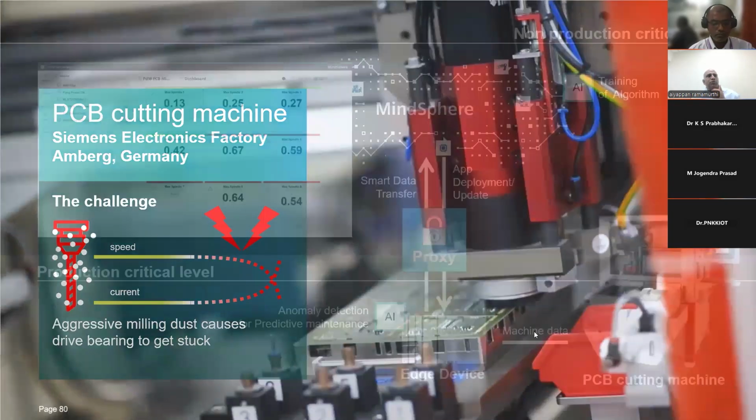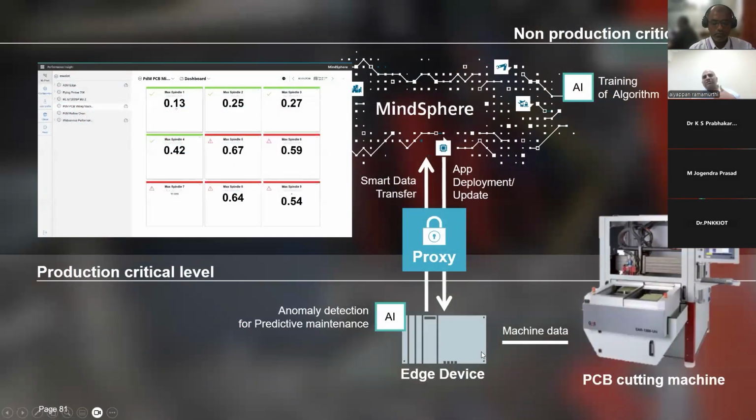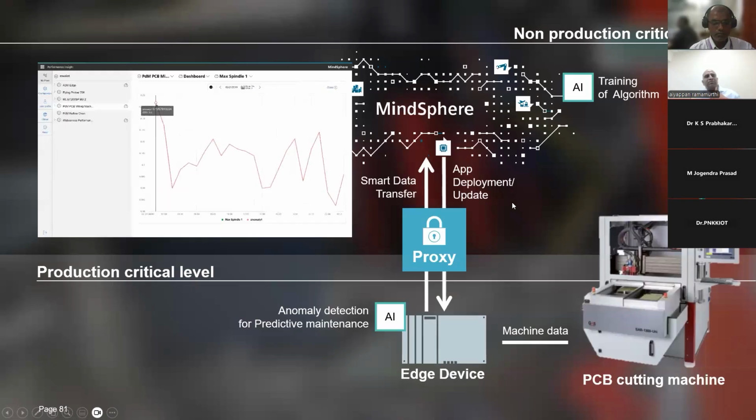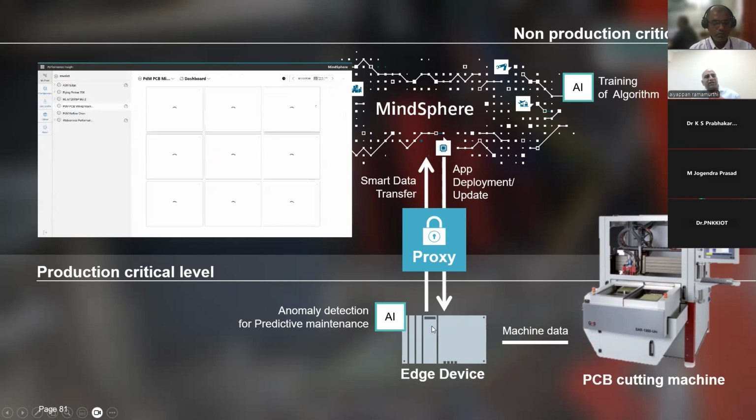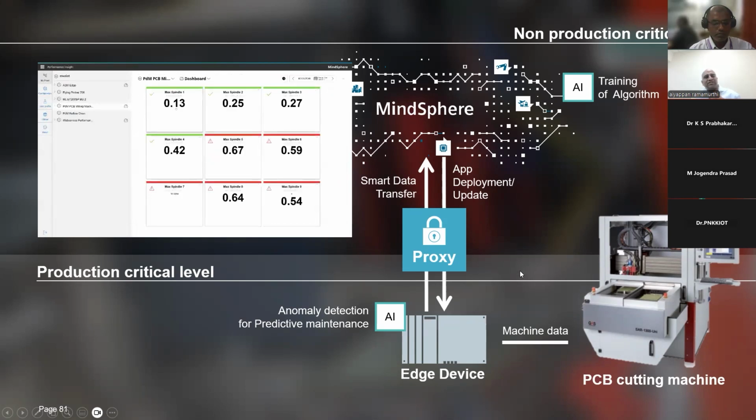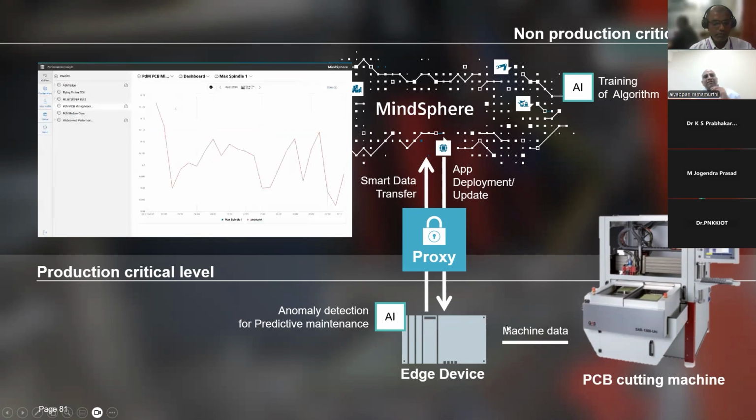The issue is that this can happen anytime, then the production needs to stop, and the problem is costing the production. Now, what we did is anomaly detection with the edge device, to identify that whenever the dust level increased, it actually caused an increase in the current consumption.